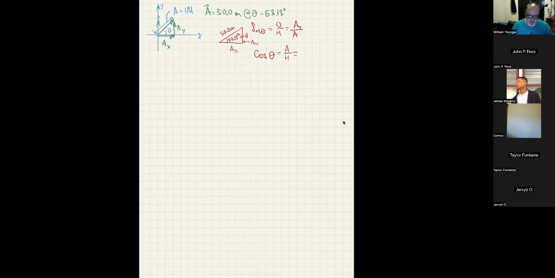Okay. So if the side is touching the angle, it either is the hypotenuse or it is the adjacent side. And remember, in a right triangle, the little right angle symbol acts like an arrow pointing to the hypotenuse, so you never have that problem. So in this case, the adjacent side is A_x, and the hypotenuse, of course, is just the A, which we know is 50 meters.